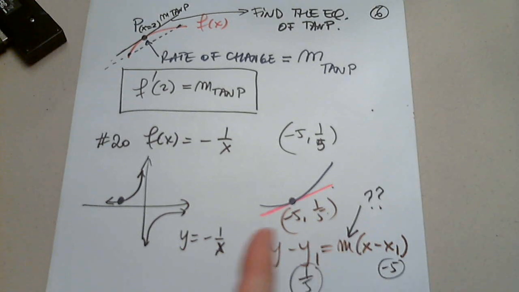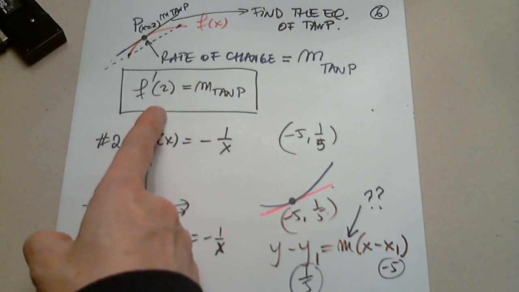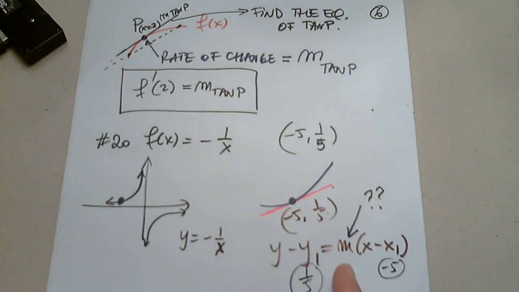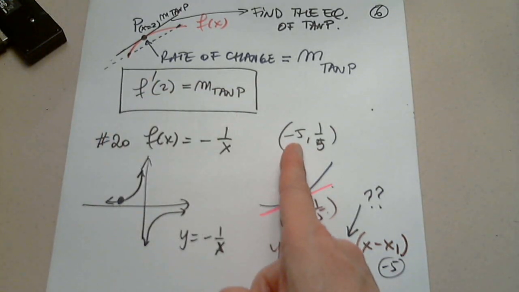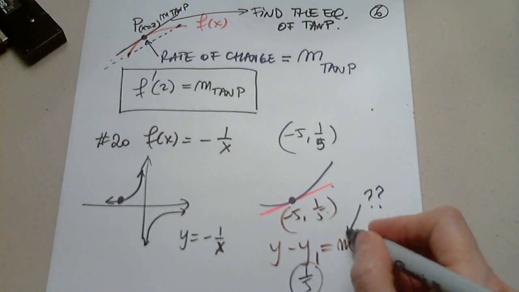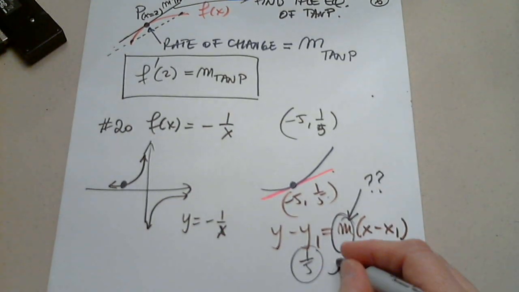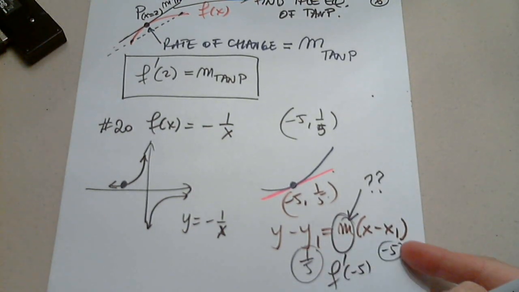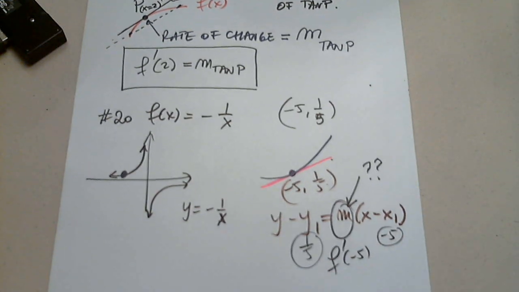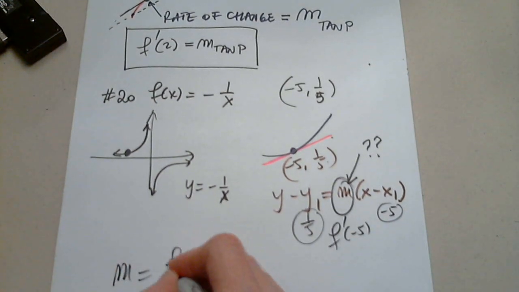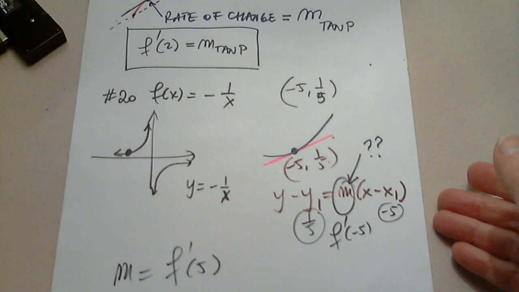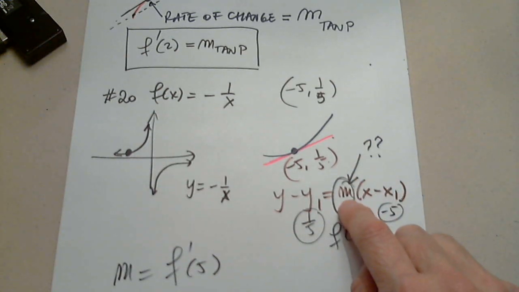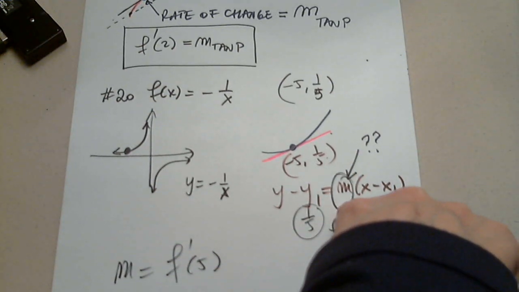I know how to find it. The slope will equal f prime at -5. So this number is f prime at the x value. In order to find the slope, I have to find f prime of -5. Once I have the number, I put it in and I'm done. But this is the key. How do I find this number?